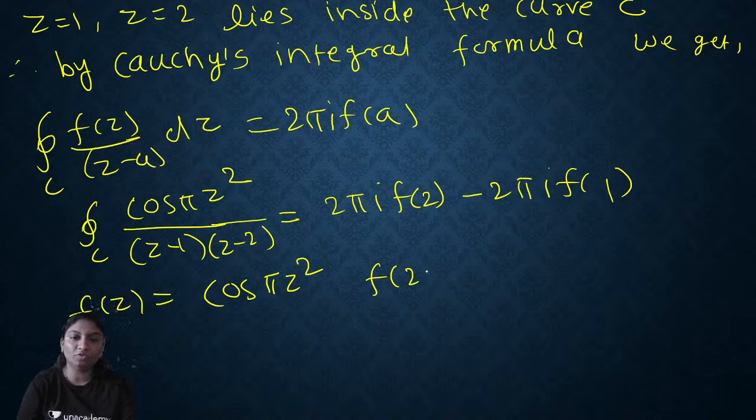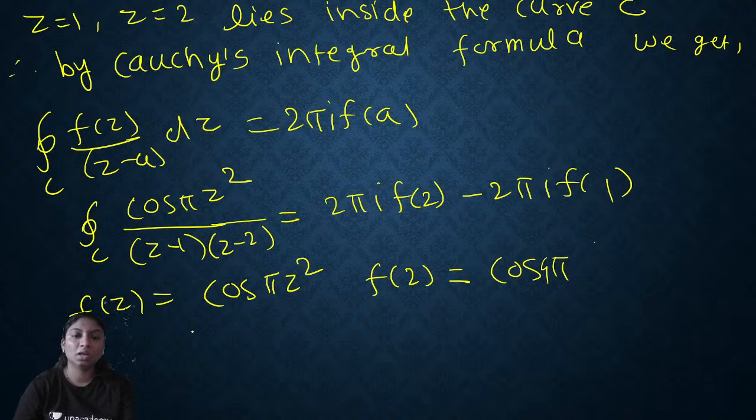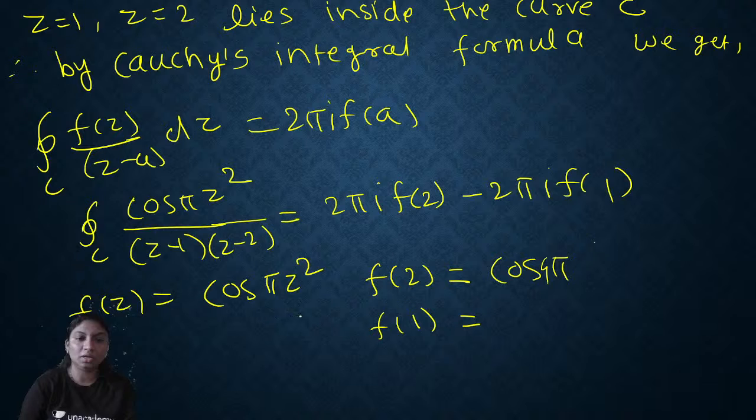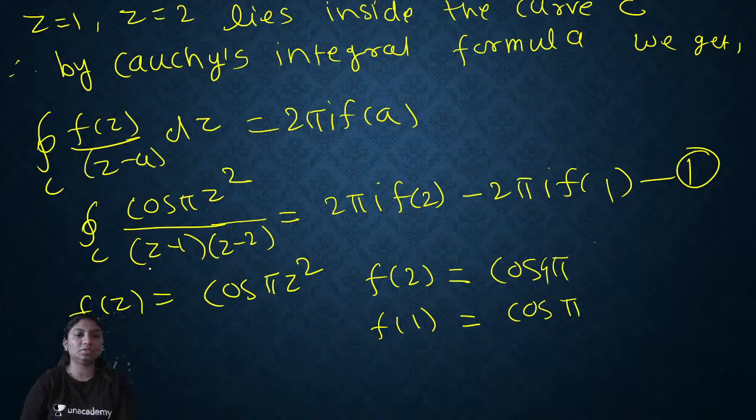So f of 2 is equal to cos pi 2 square, that is 4, right? So cos 4 pi. And f of 1 is equal to cos pi. So ultimately this equation 1 becomes all the values.